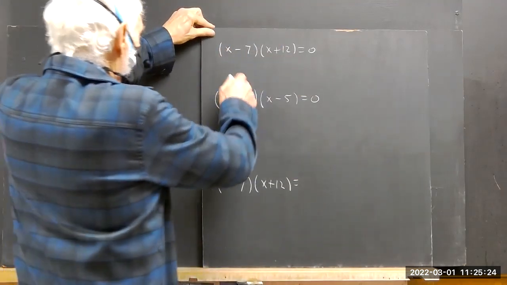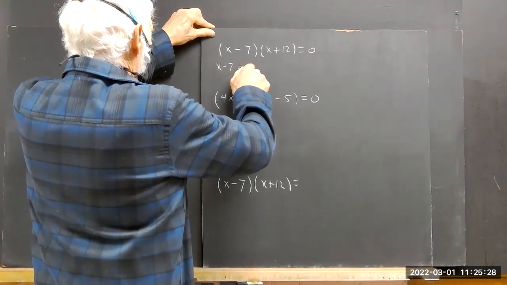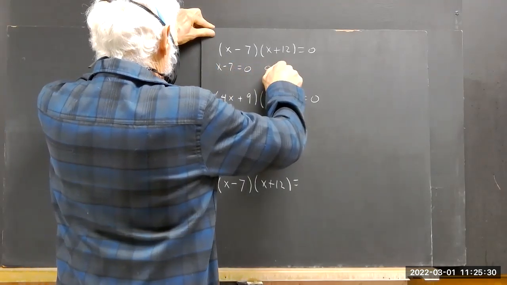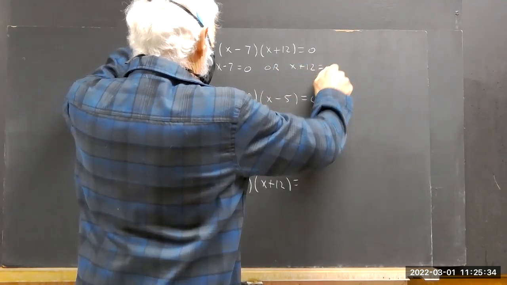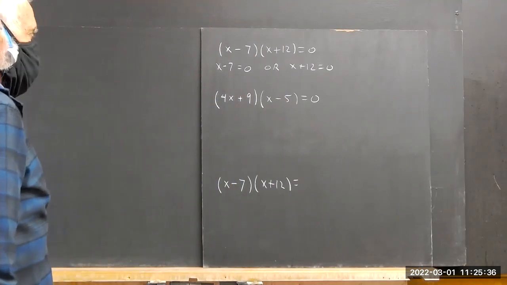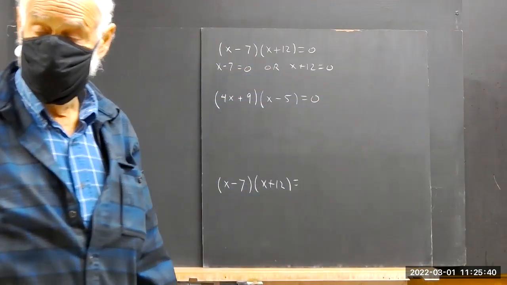So you write this as x minus 7 equals 0 or x plus 12 equals 0.